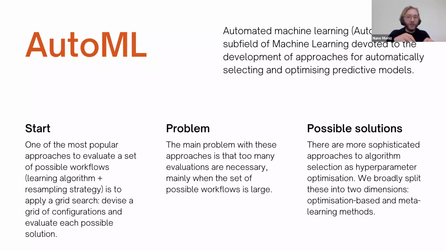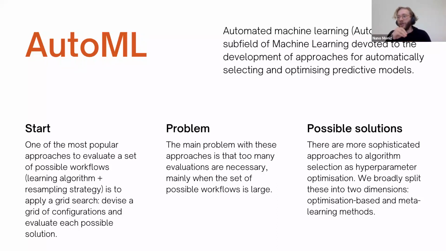We apply a grid search, which basically makes a set of possible configurations for the combination of these learning algorithms and resampling strategies, and we evaluate all of them, okay? Now, this is a very big process, requires a lot of energy, et cetera. So a difficult and demanding process.